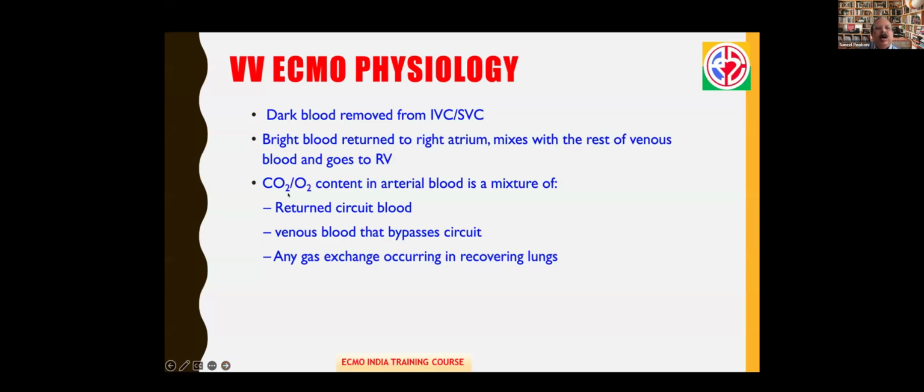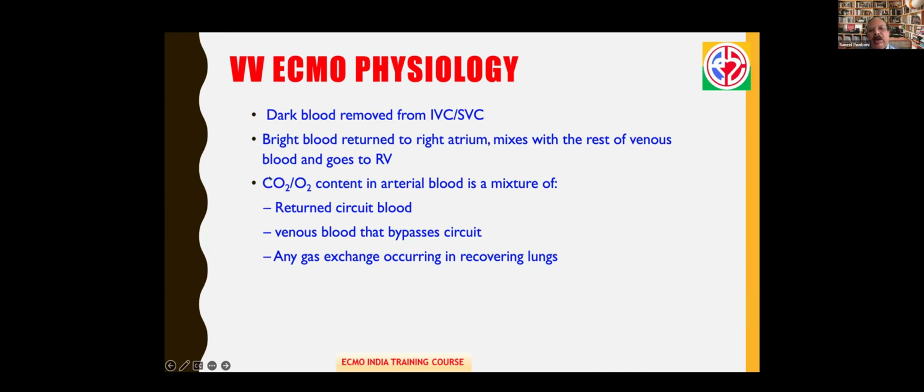So the carbon dioxide and oxygen content in the arterial blood is a mixture of the returning circuit blood, venous blood that bypasses the circuit, and any gas exchange occurring in the recovering lungs. So it is a mixture of all these different locations from which blood is being collected.